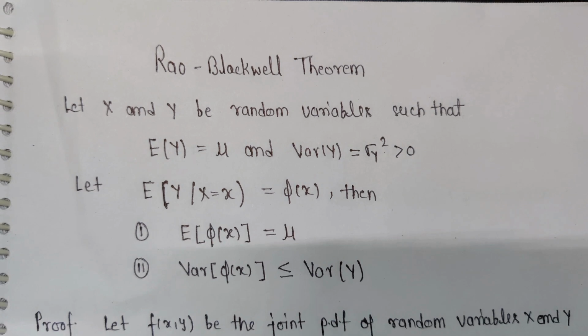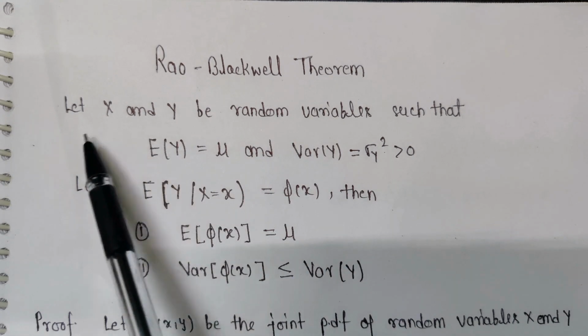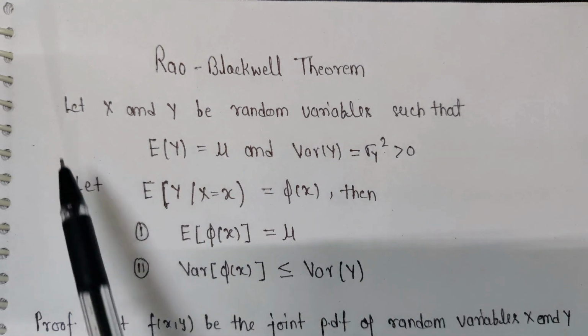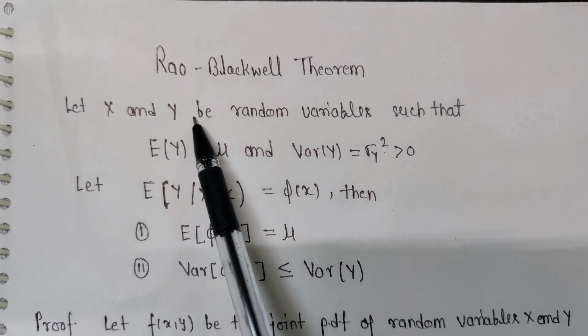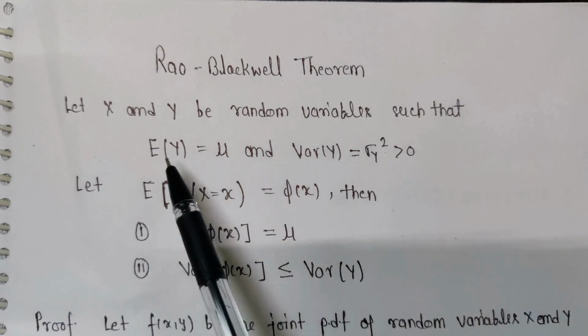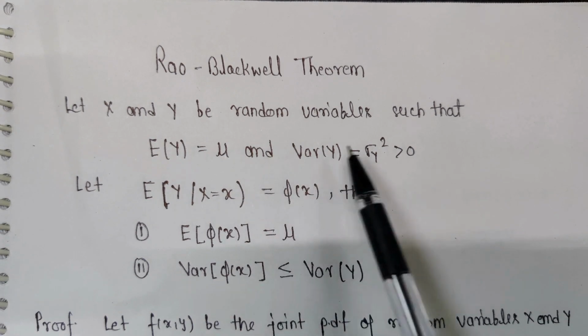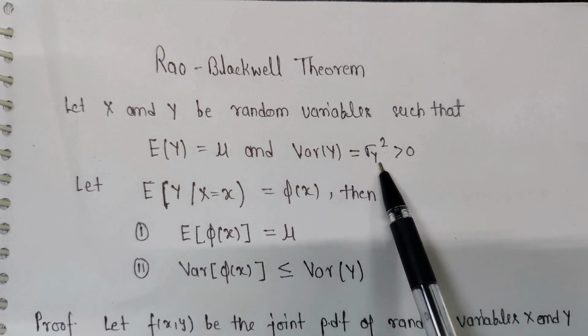So now come to the proof part of the Rao-Blackwell theorem. For the proof, again I have mentioned the statement part. Let X and Y be random variables such that the expected value of Y is equal to mu and the variance of Y is equal to sigma_y squared.